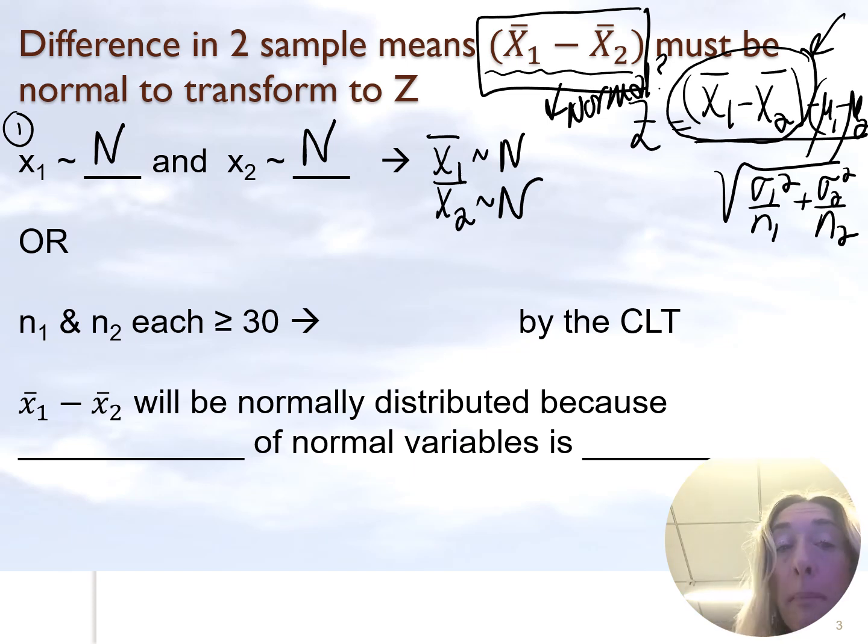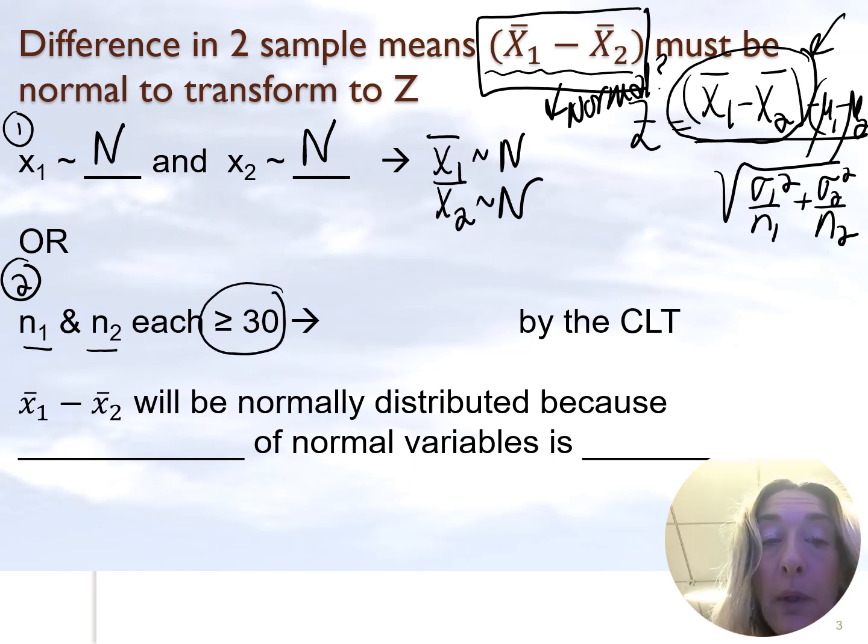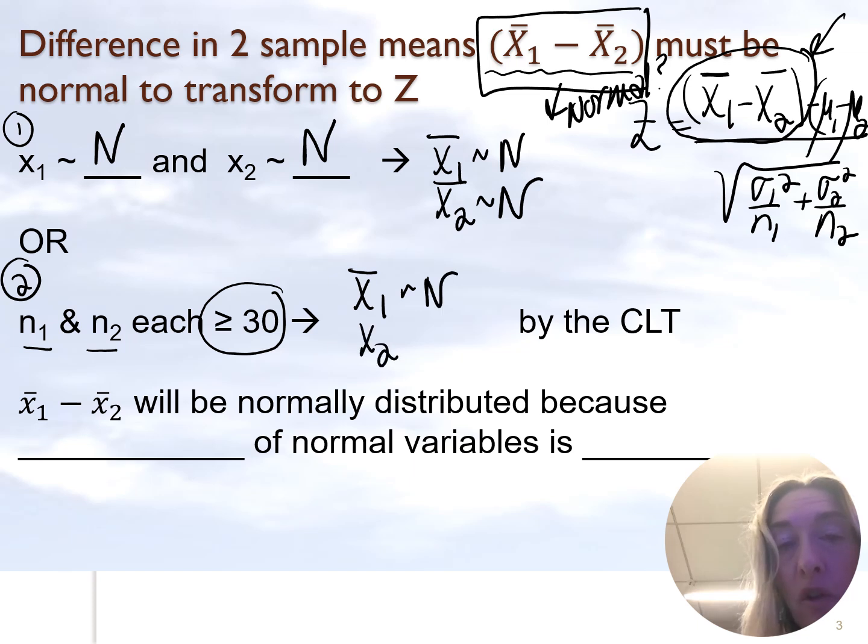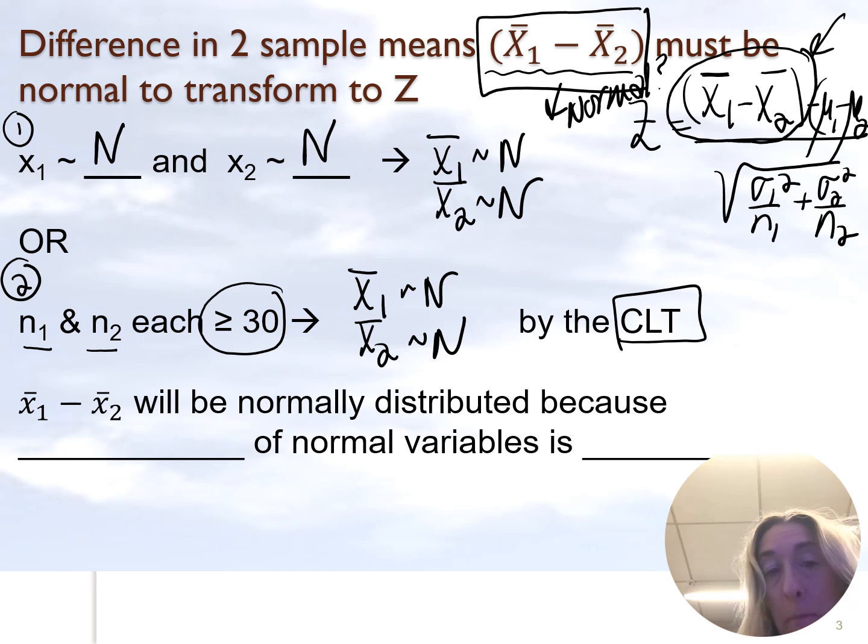The second possibility is if your sample sizes, N1 and N2, are each sufficiently large, meaning greater than or equal to 30. These are the sample sizes used to calculate each of your sample averages, x1 bar and x2 bar. If they are each sufficiently large, then again, x1 bar will be normally distributed and x2 bar will be normally distributed, and this is by the central limit theorem.